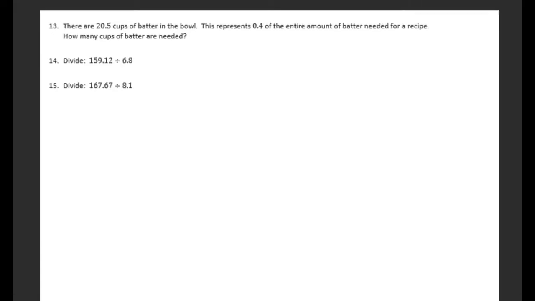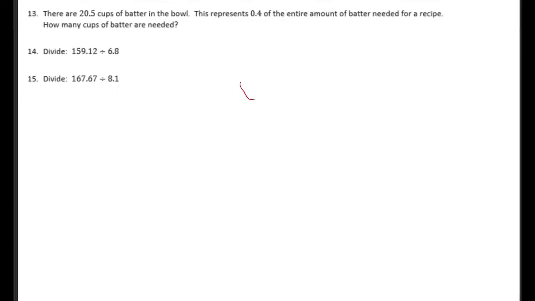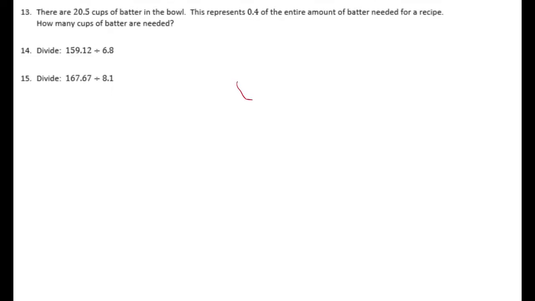Number 13, there are 20 and 5/10 cups of batter in the bowl. This represents 4/10 of the entire amount of batter needed for a recipe. How many cups of batter are needed? So, 20 and 5/10 divided by 4/10.